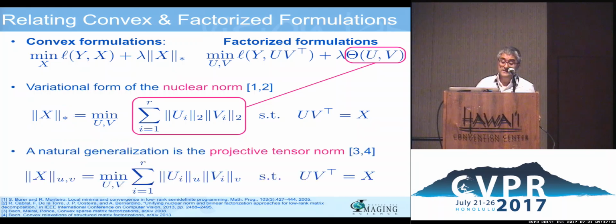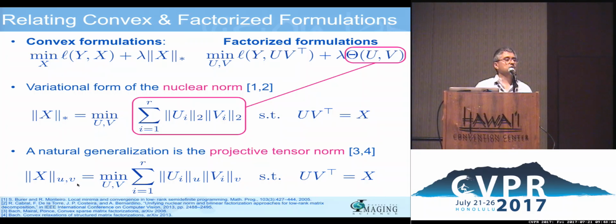Now, this thing can be generalized. Suppose that instead of putting the two norms in there, I put any norm. In many problems, you want to put an L1, or in many computer vision problems, a total variation or any norm that you like. Suppose that you pick any norm for U and any norm for V. It turns out that this variational thing generalizes and gives some other norm that we're calling here the UV norm, which is maybe not a great name.